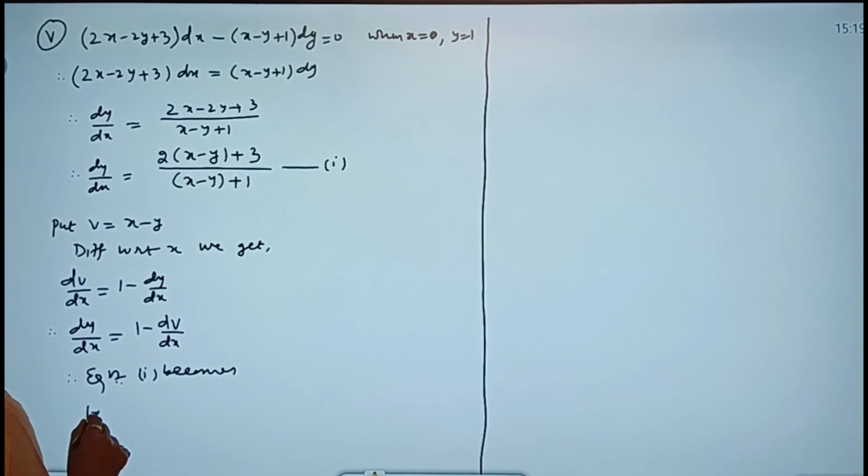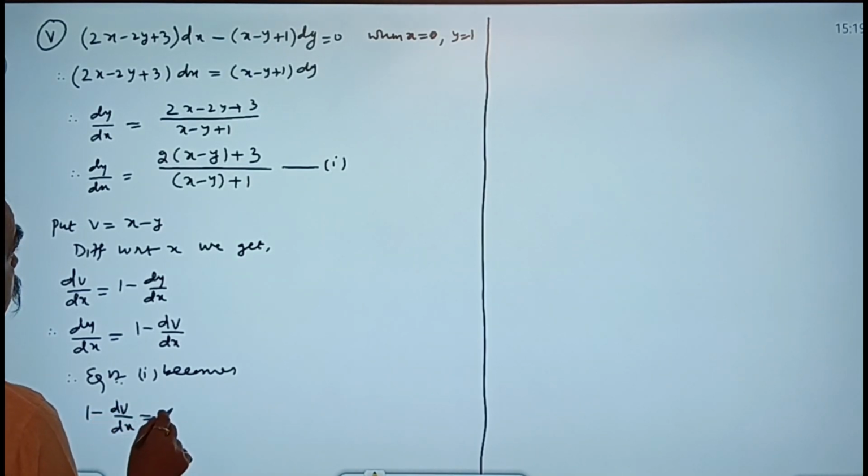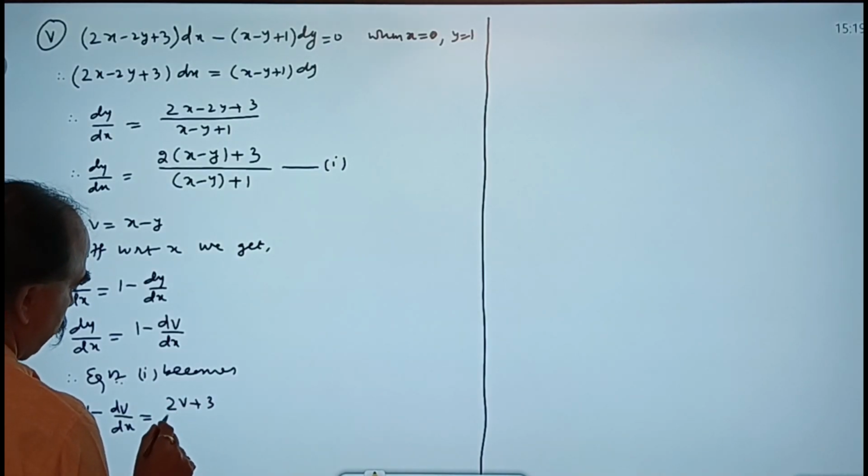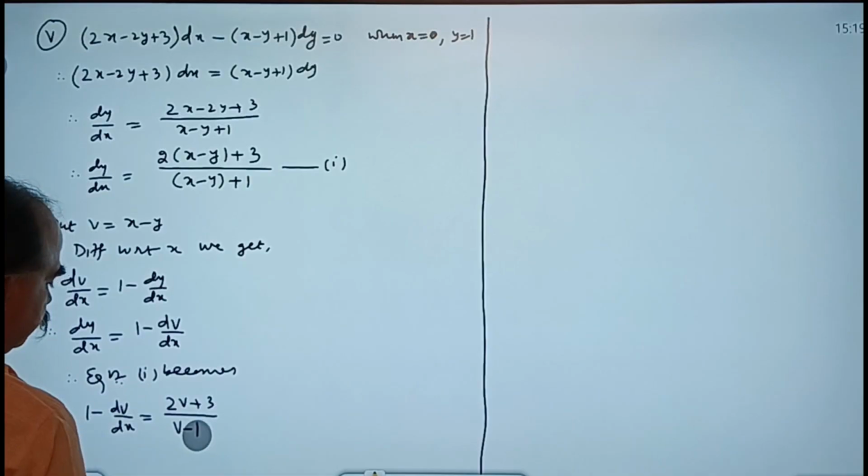1 minus dv by dx is equal to 2v plus 3 upon v minus 1.